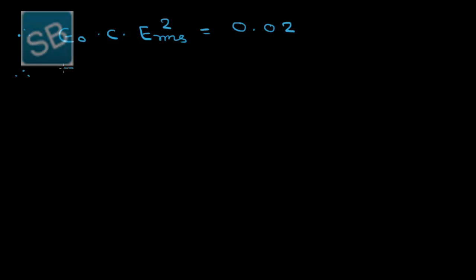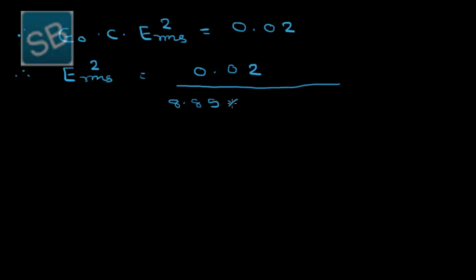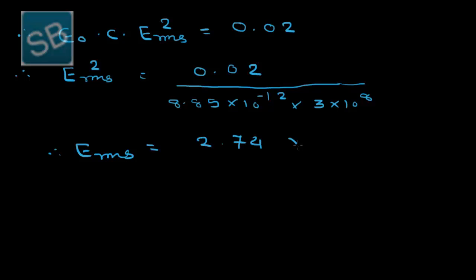Therefore, E RMS square is equal to 0.02 divided by epsilon 0, which is 8.85 into 10 to power minus 12, into C, which is 3 into 10 to power of 8. The simple value of E RMS is 2.74. The unit is volt per meter. So it is 2.74 volt per meter.